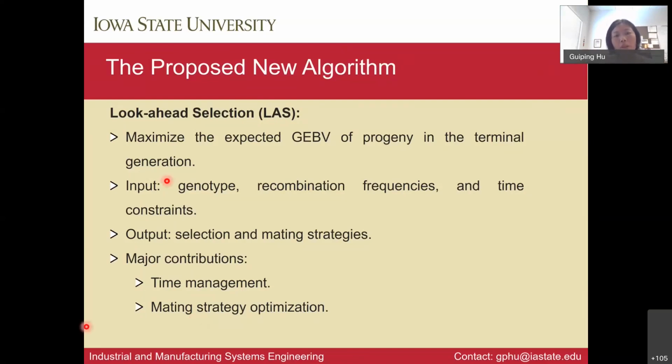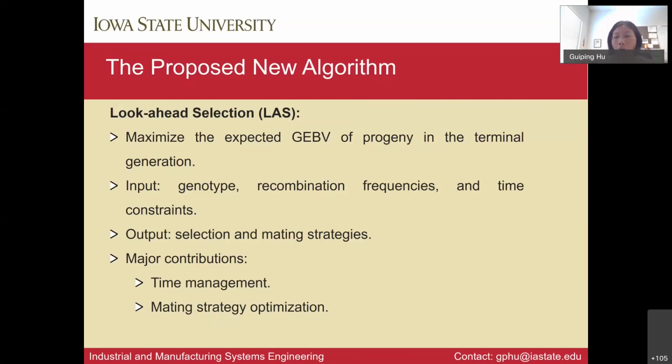The input would include the typical genotype, recombination frequency, and also time constraints. The output will be the selection strategy and also mating strategy. So in typical genomic selection, we tend to just assume they are randomly mating. We don't care which one is mating with which, but actually that could make a difference.